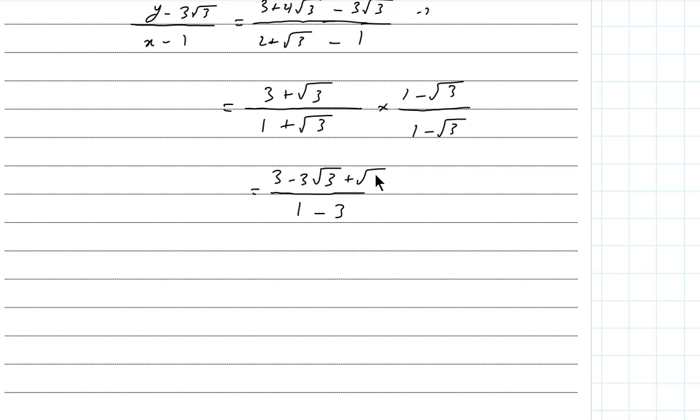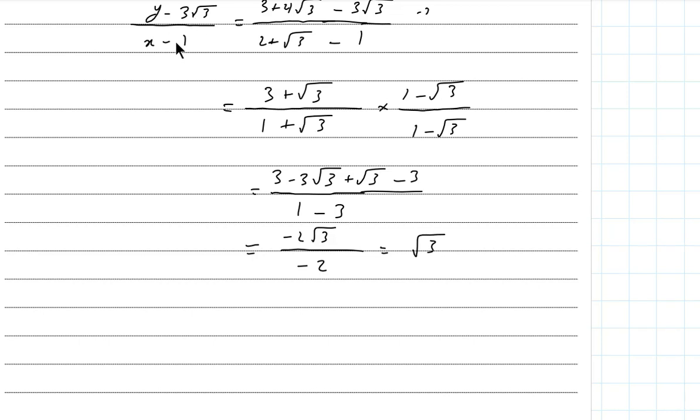And then root 3 times 1 plus root 3, and then root 3 times negative root 3 would be minus 3. So we have here in the denominator minus 2. In the numerator, 3 minus 3 will be cancelled, and negative 3 root 3 plus root 3 will be negative 2 root 3, which can be simplified to just root 3, right?